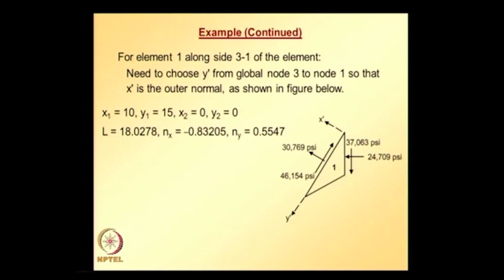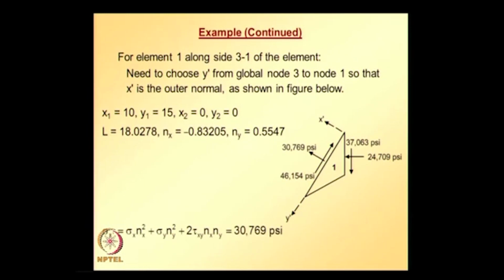So for that we require the coordinates of node 3 and node 1. Node 3 coordinates are denoted with x1 y1 and node 1 coordinates are denoted with x2 y2, and here for calculation purposes node 3 is taken as the first node and node 1 is taken as the second node.